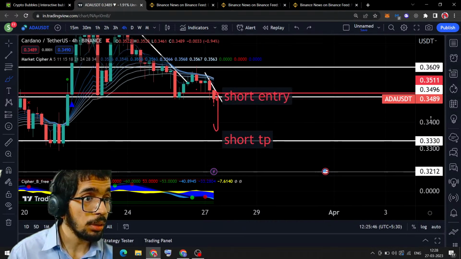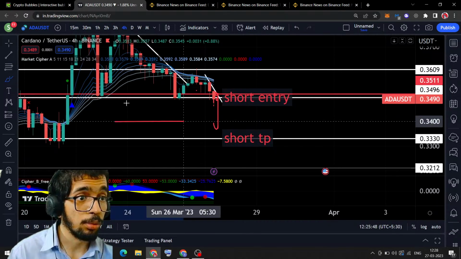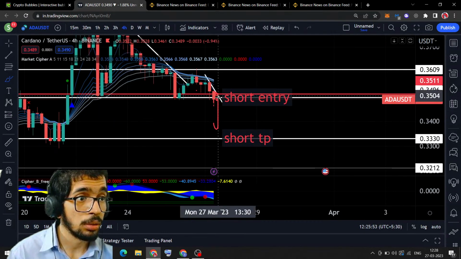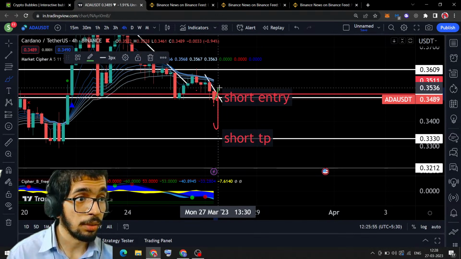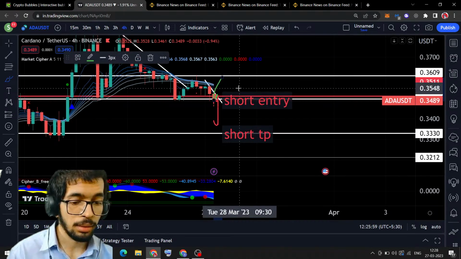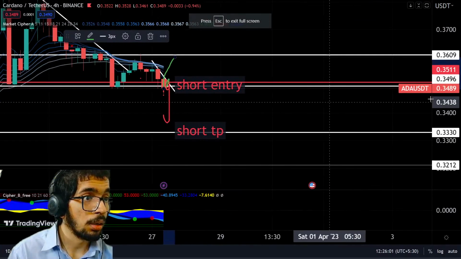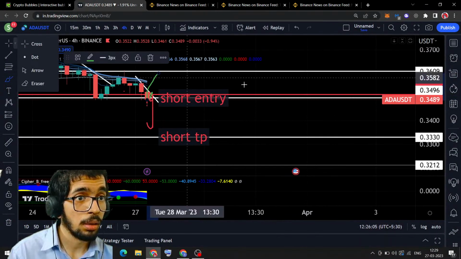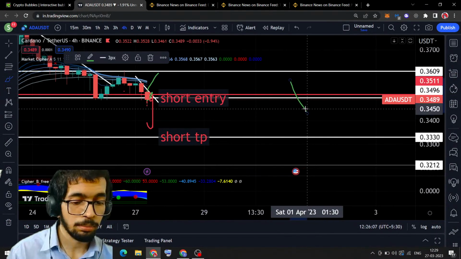Now let's talk about the bullish part. So here's your bullish. If it just bounces back again, it comes here, and then the bullish.